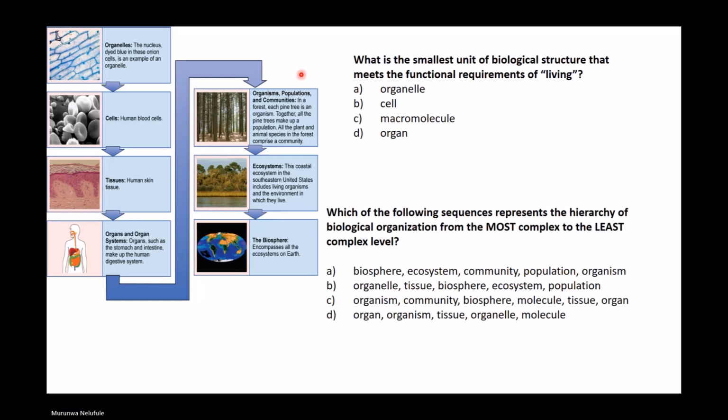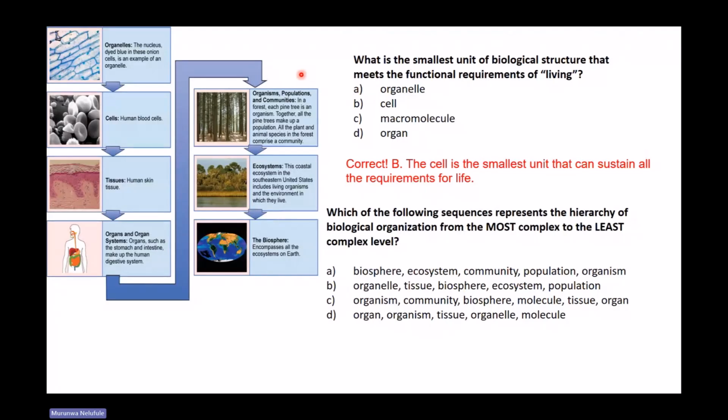So reading that statement, I saw that the requirements of living, which are the properties of life, are met by the cell because it grows and it meets all the life processes. Perfect. So the cell is the smallest unit that can sustain all the requirements for life.